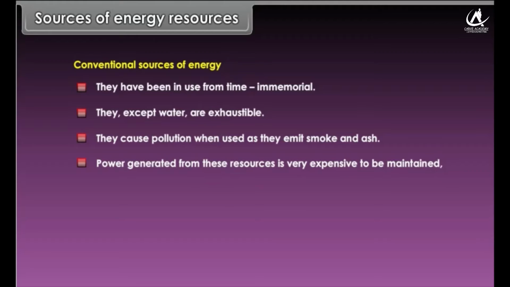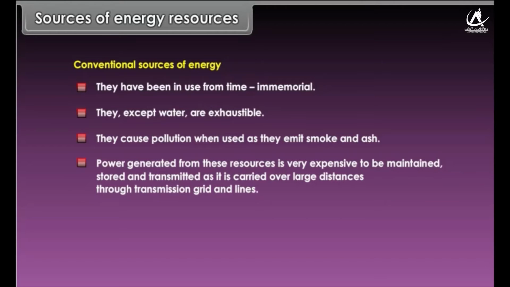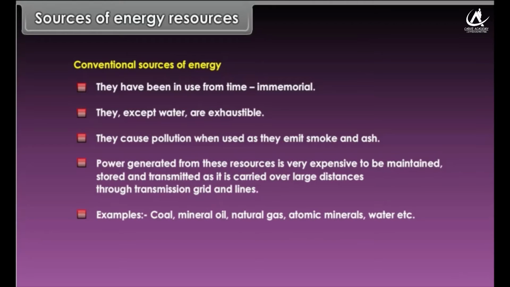Power generated from these resources is very expensive to maintain, store and transmit, as it is carried over large distances through transmission grids and lines. Examples: coal, mineral oil, natural gas, atomic minerals, water, etc.